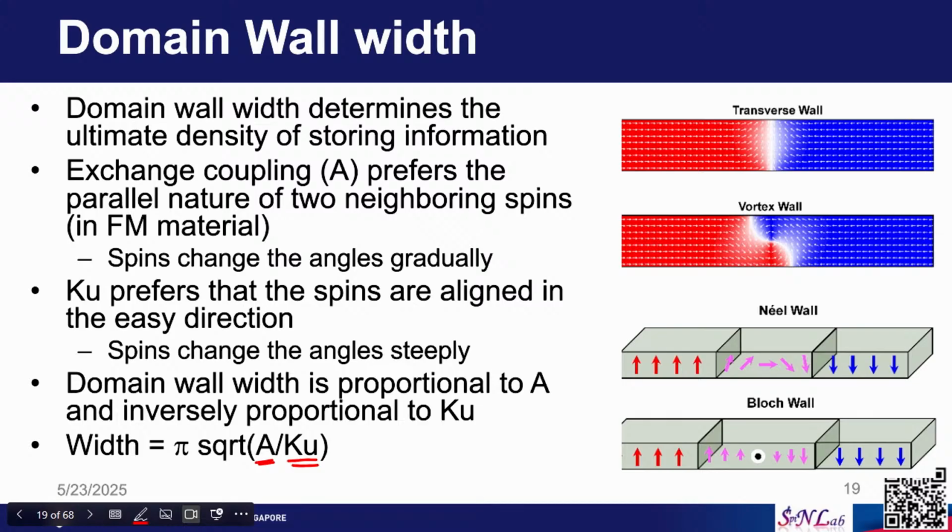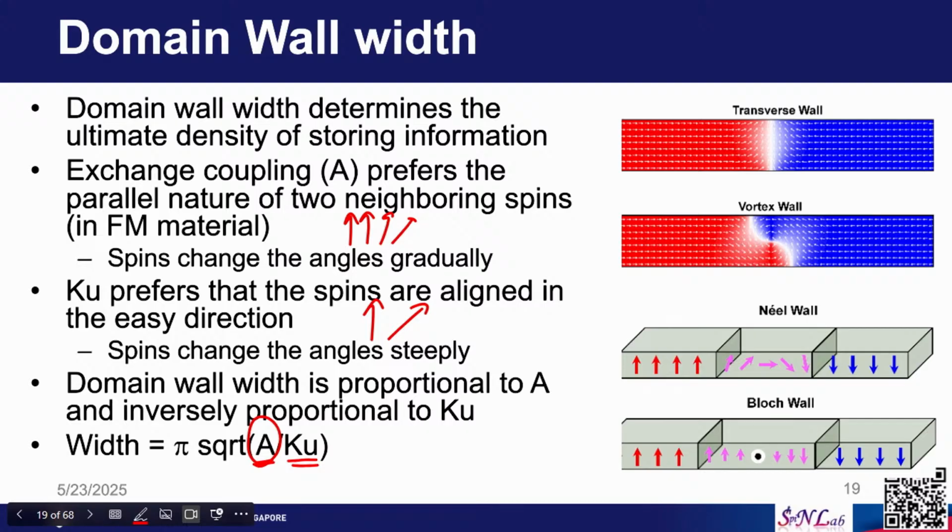Okay. Exchange constant wants your neighboring spins to be parallel to each other, right? That is what we learned. So, if they are like this, then the energy is going to be very large. What the exchange constant prefers is that this change happens slowly.